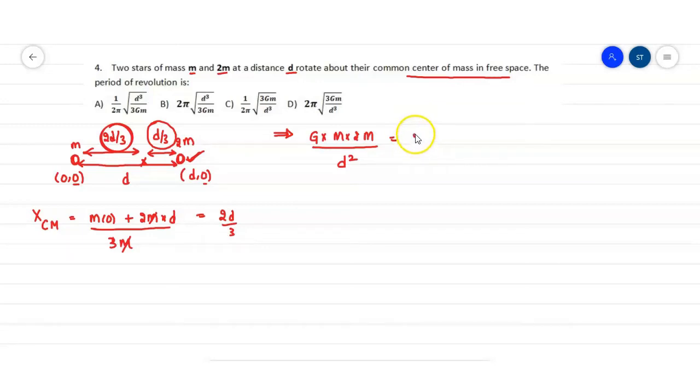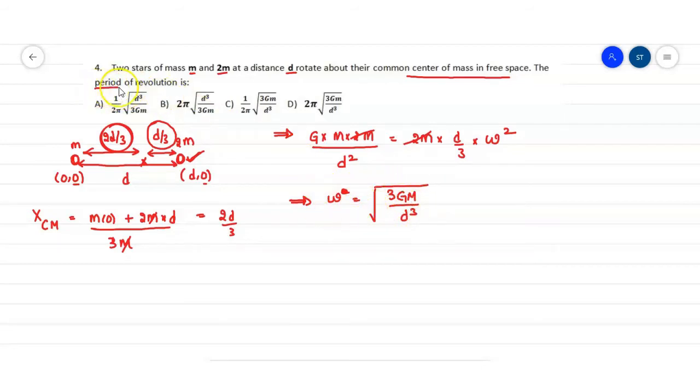So I am considering it as m r omega square. Mass is here 2m into radius d by 3 into omega square. So here 2m will get cancelled out. So we can write omega square is equal to, bringing 3 this side, 3Gm upon d cube. If I take the square root on both sides, omega will be equal to the square root of 3Gm upon d cube.